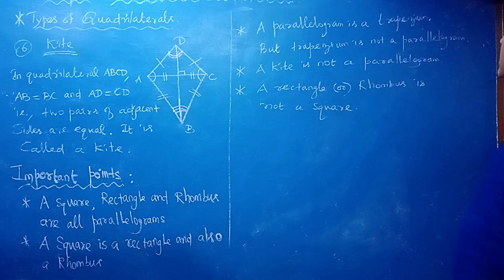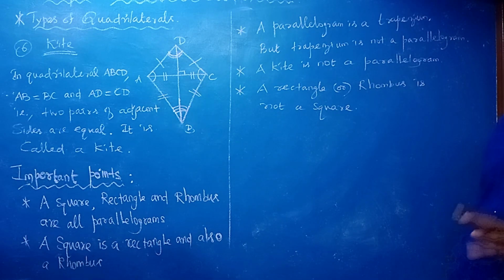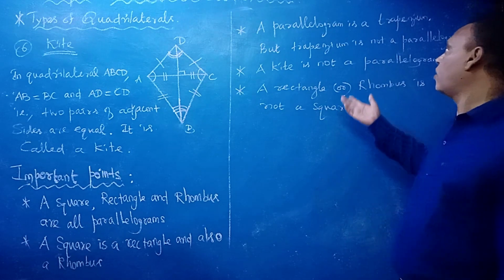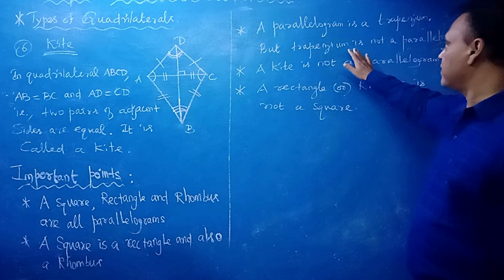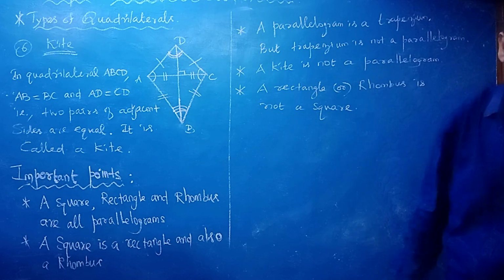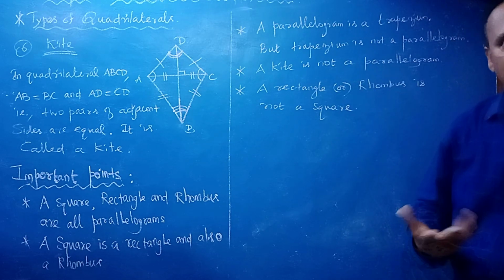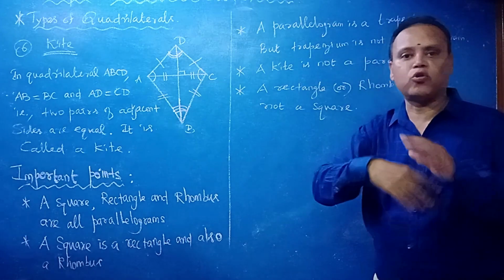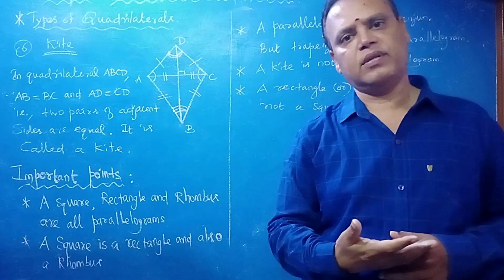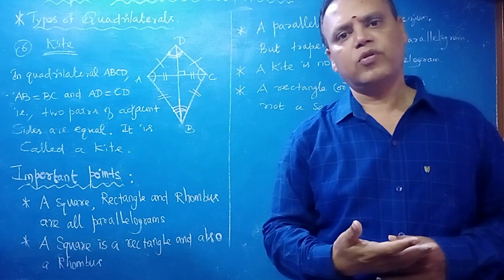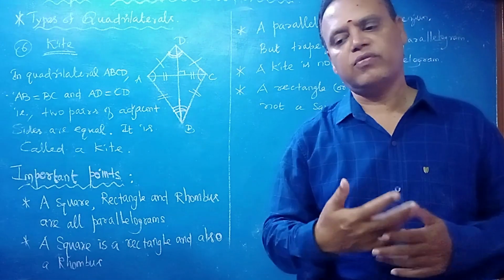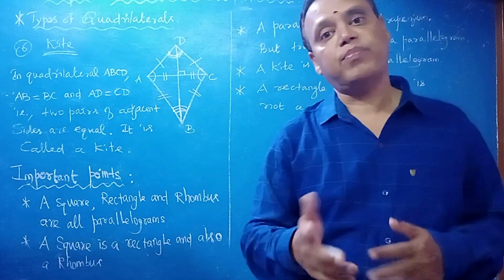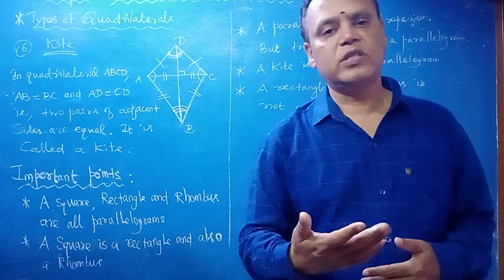Then a parallelogram is a trapezium, but a trapezium is not a parallelogram, because what does the definition say? Trapezium definition: one pair of opposite sides are parallel. A parallelogram has two pairs of opposite sides parallel.